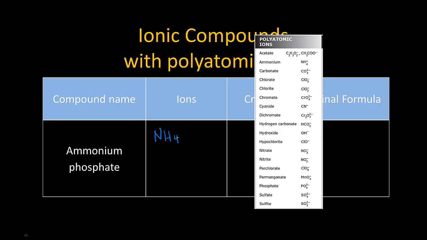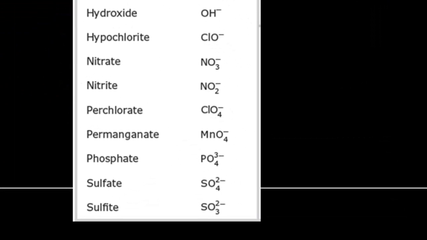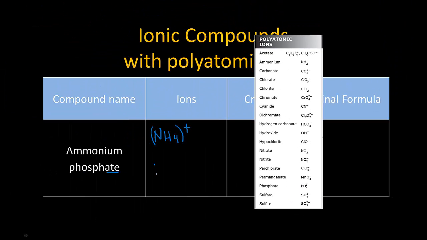This entire 5 atoms here, this 1 nitrogen and 4 hydrogens, has a +1 charge. Phosphate ends in ATE, which means you're not going to find it on the periodic table. You need to look under your polyatomic ions. Phosphate, right here, is PO4 with a -3 charge.